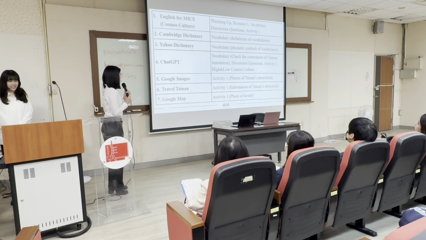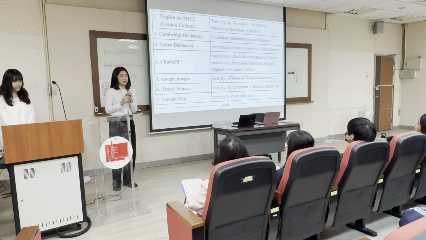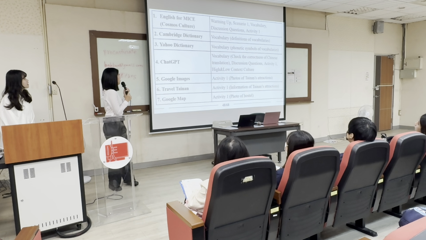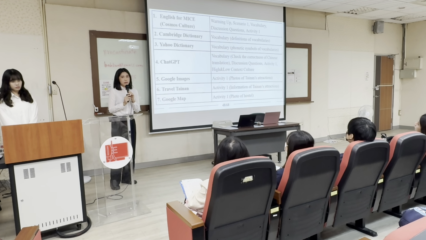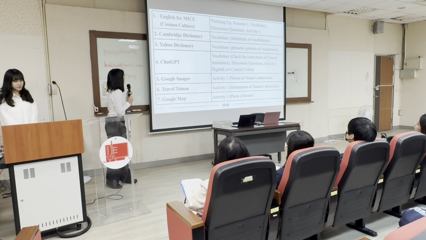We used 7 tools to make our presentation. The first one is our textbook, and the second one is Cambridge Dictionary. We use it to find the definitions of vocabulary. The third one is Yahoo Dictionary. We use it to find the phonetic symbols of vocabulary. The next one is ChatGPT.